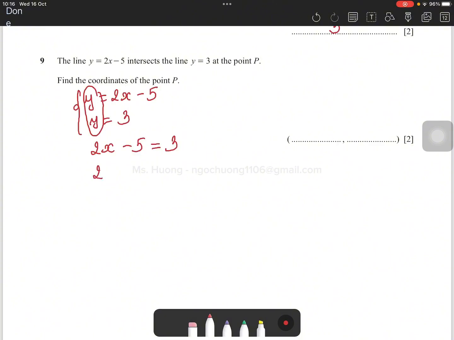And to solve for x, we add 5 to both sides. 3 plus 5 equals 8. And then we divide both sides by 2. So x is equal to 4. And you see that x is 4 and y is 3. So the coordinates of the point P is 4, 3.